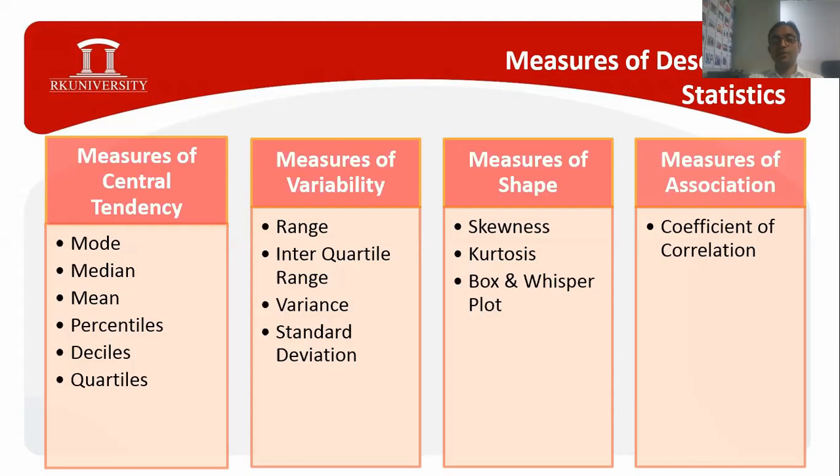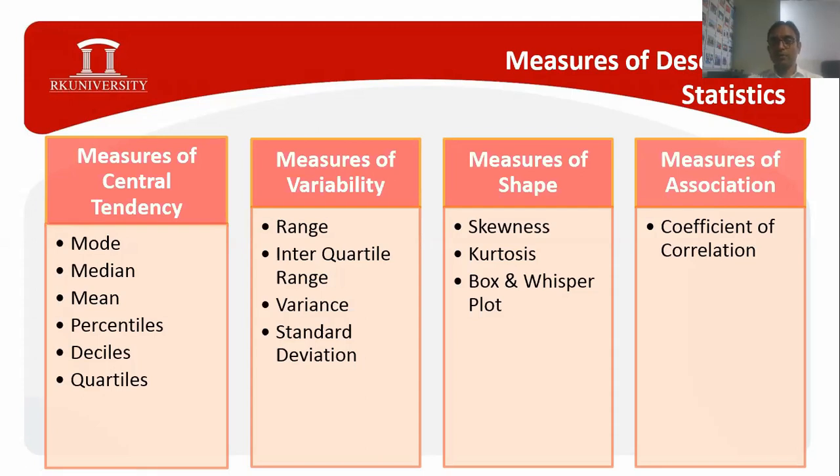Then there are some measures of position like percentile, decile, and quartile. For example, in a competitive exam, if I want to know the score of an applicant who secured the 92nd percentile, I can find that with the help of the percentile. In the same way, suppose I want to find the value at the first 25 percent of the data, I can find that out with the help of the quartile.